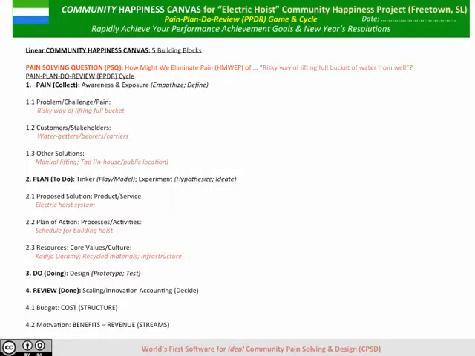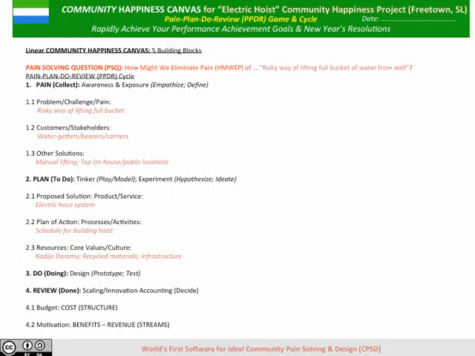So again, even though this is a linear community happiness canvas which consists of 5 blocks, you can consider it in 2 main parts. The first part is the problem or pain solving question, and then the other main part is the pain plan do review cycle.